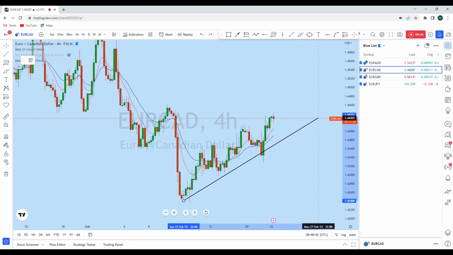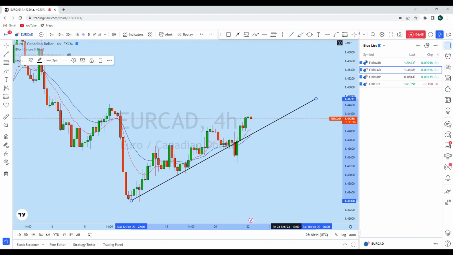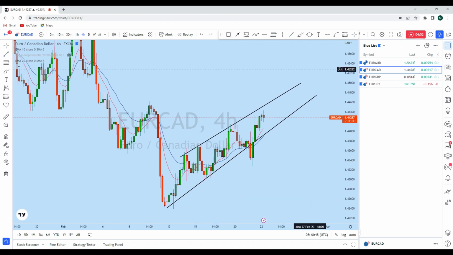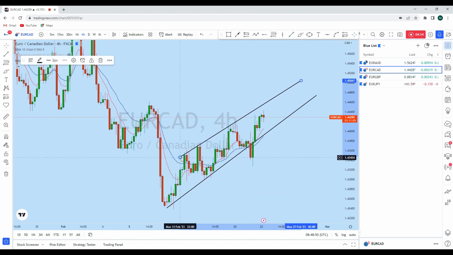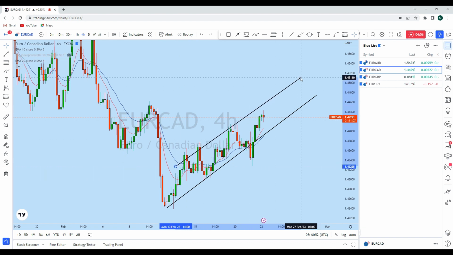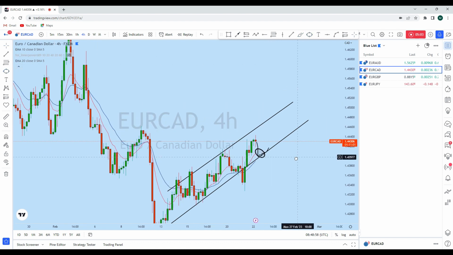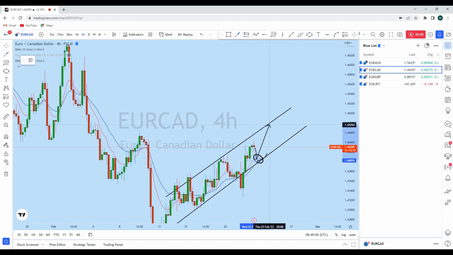For EURCAD to find a suitable entry, the price is moving along this channel, and we can expect the price to come back down to the support of this channel to give us a potential entry opportunity. As soon as we find a suitable entry on EURCAD, we will consider going long with a high probability trade setup.